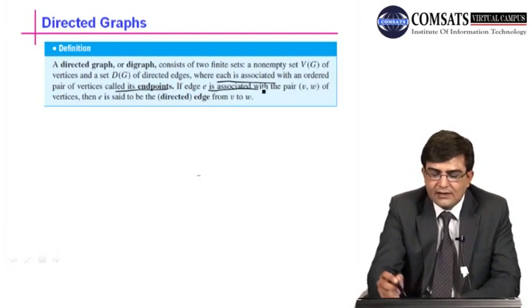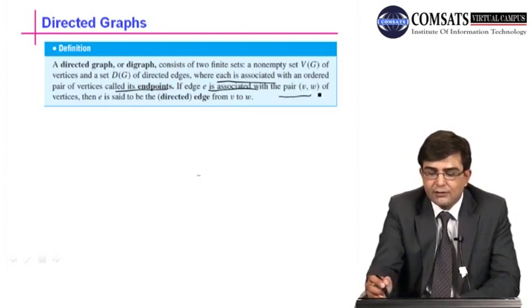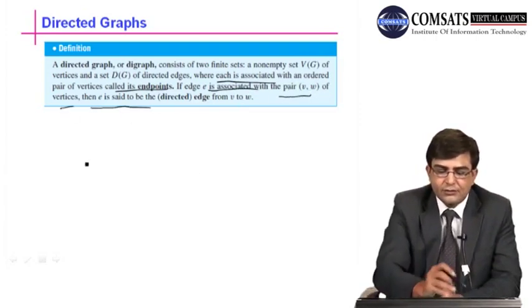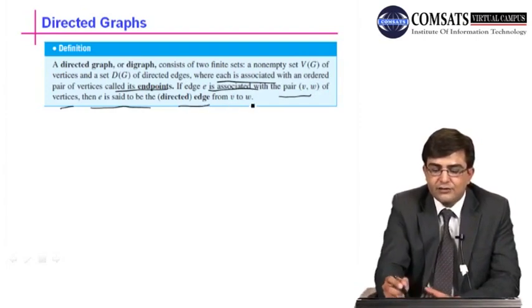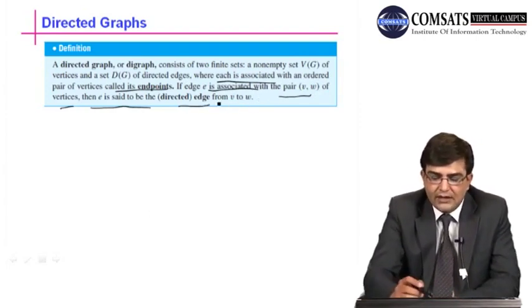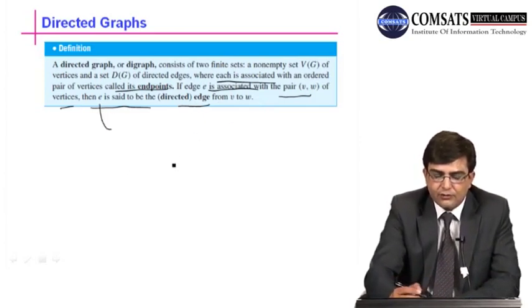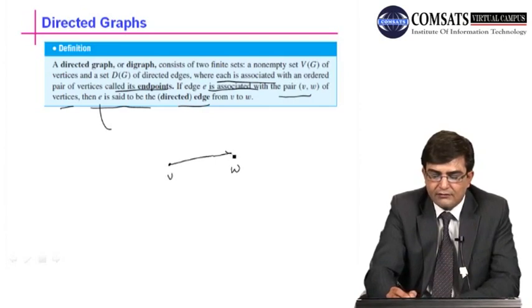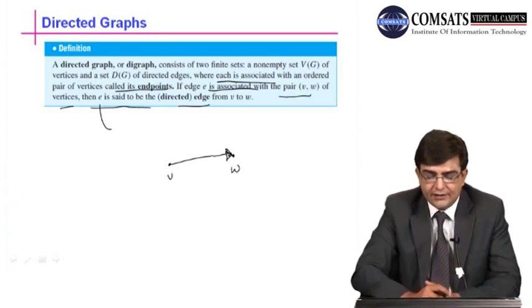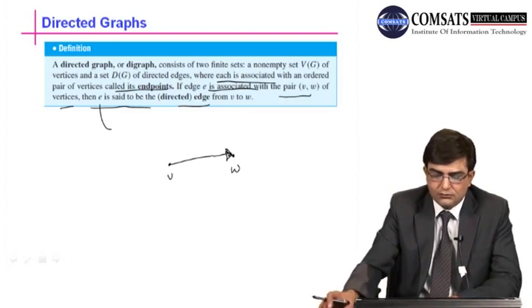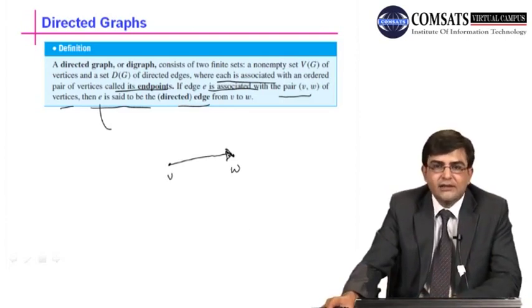If E is associated with the pair VW of vertices, then E is said to be a directed edge from V to W. For example, if here we have V and here we have W, then the directed edge is from this vertex to this vertex, like this. This arrow shows the direction of the edge. Such types of graphs are called directed graphs.